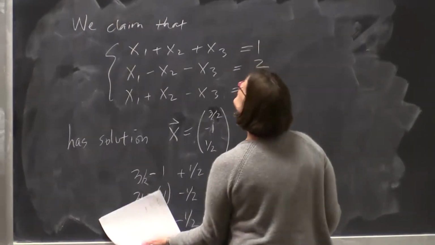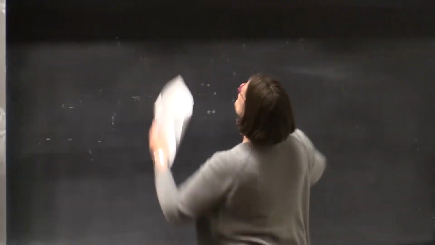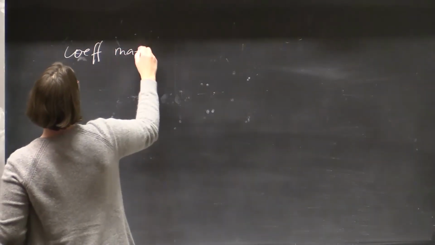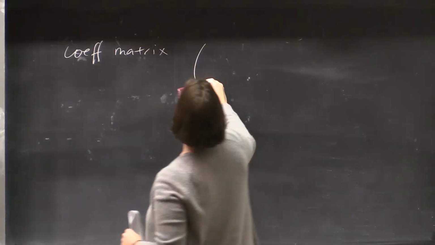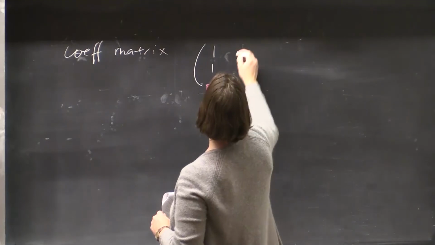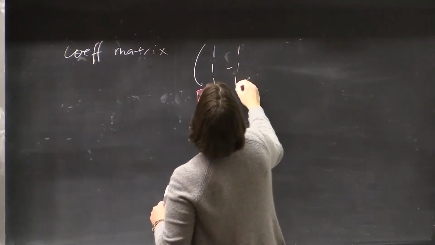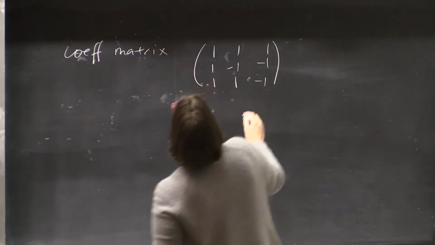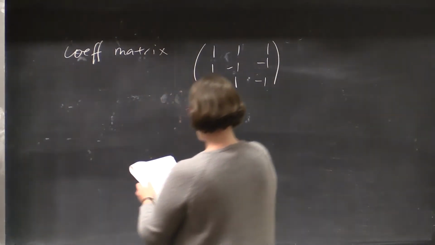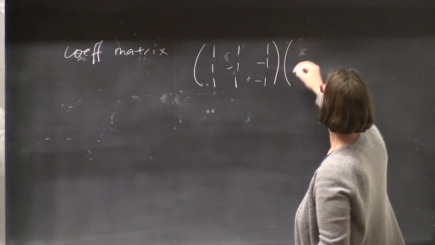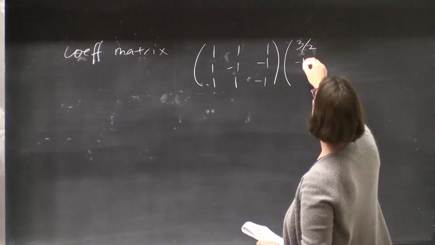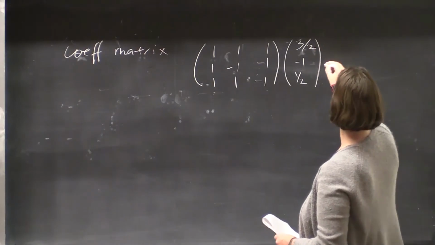On the other hand, if we'd had the coefficient matrix, so the coefficient matrix is (1, 1, 1), (1, -1, -1), (1, 1, -1). And we have the solution vector, 3 halves, minus 1, 1 half.